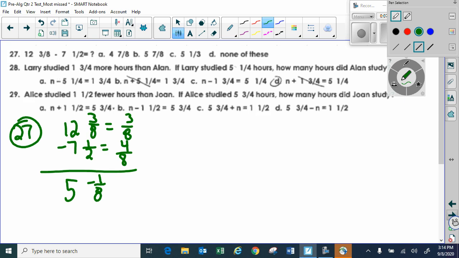Okay, now that says 5 minus 1/8. 5 minus 1/8 is 4 7/8.